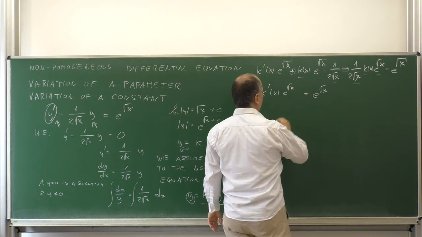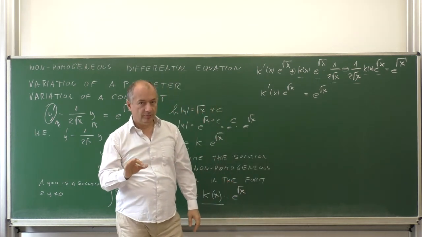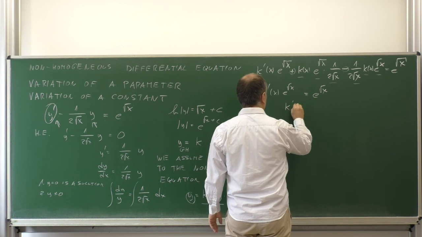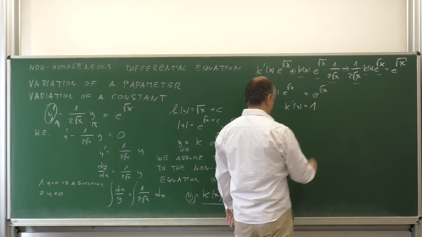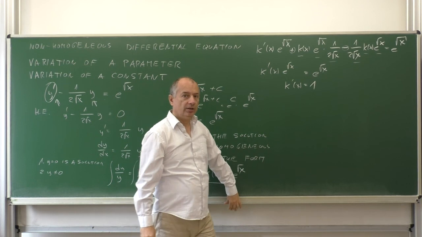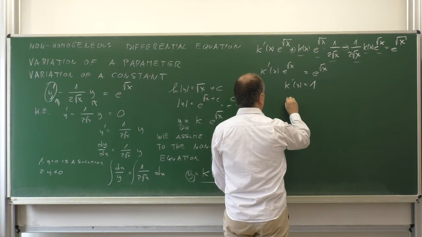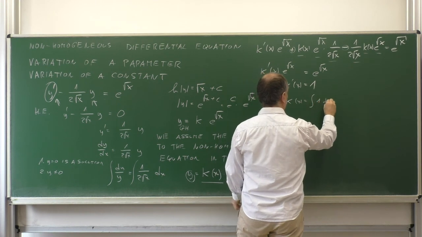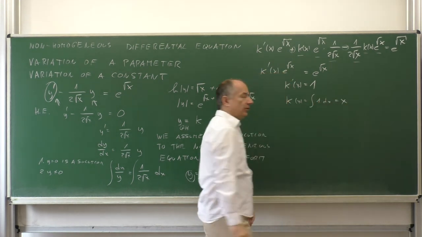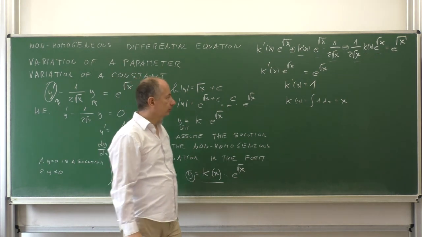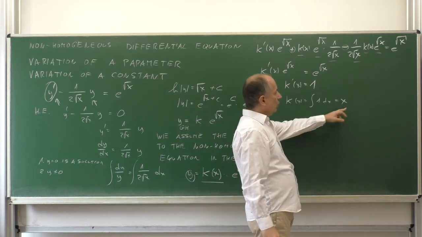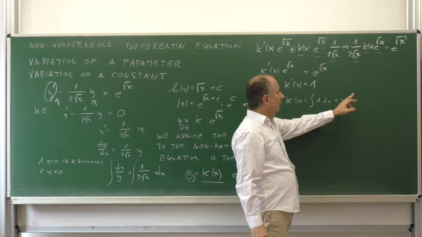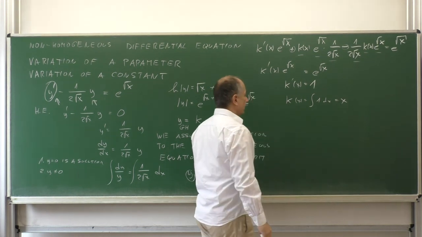If we divide by e to the square root of x, which we can, because this is a non-zero expression, then we have the condition for k derivative, and integrating this gives the function for k. We could write plus c. We will come to this question in a second.